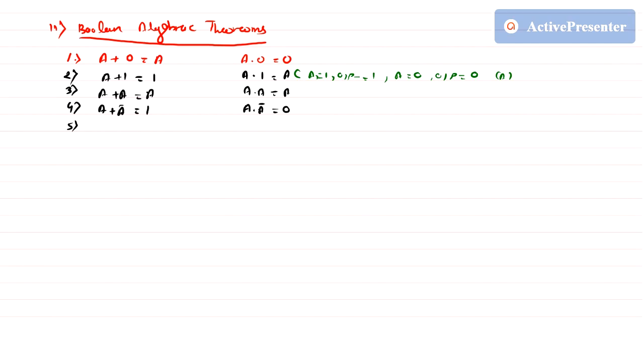If you just have to remember the properties. A into B plus C is equal to AB plus AC. It is the same as the distributive property.